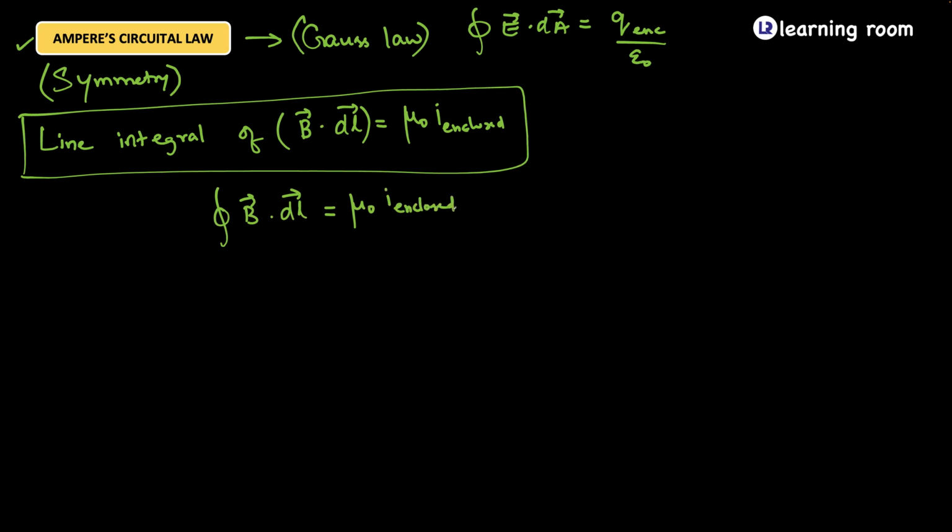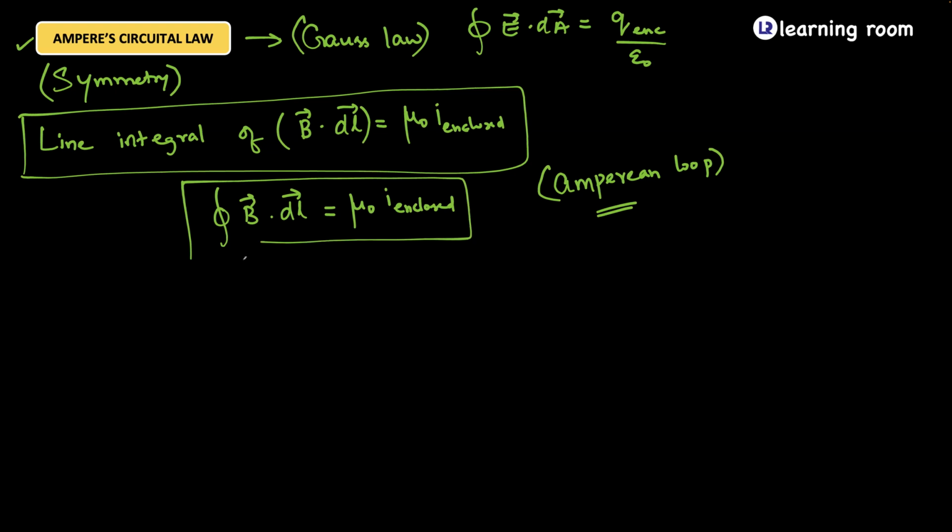So when I say charge enclosed, the charge enclosed is by a Gaussian surface. Here the current enclosed is because of something called an Amperian loop. So there we use the word Gaussian surface. Here we use the word Amperian loop. Okay. So this current enclosed is by the Amperian loop, and this is going to be the required mathematical equation.